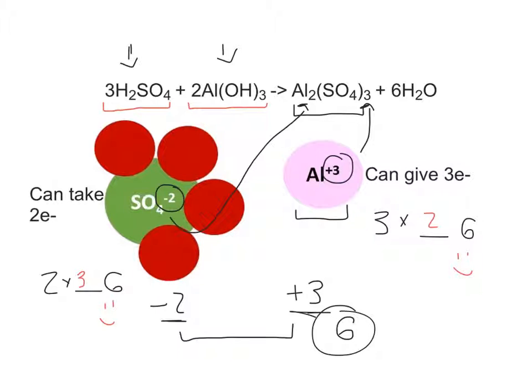So that's 3, which gives us our Al2(SO4)3. And then once we figured out our aluminum and our sulfate to get our salt, well, the amount of water is equal to our lowest common multiple.